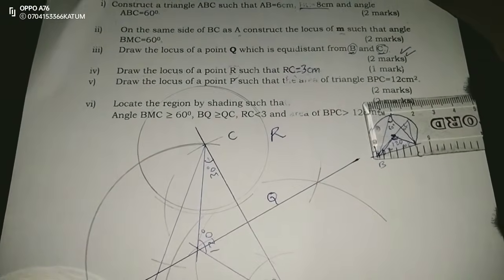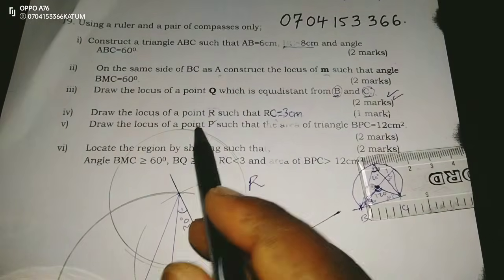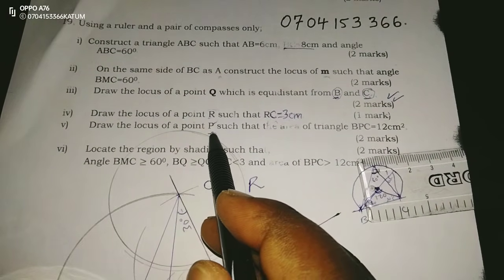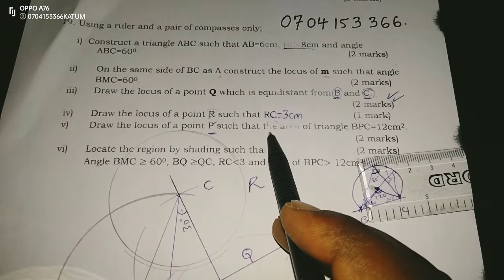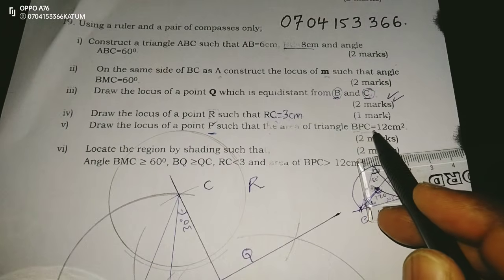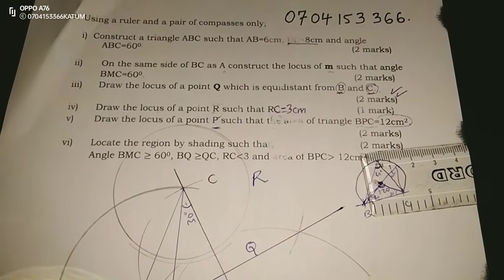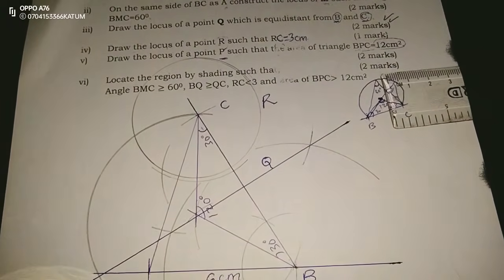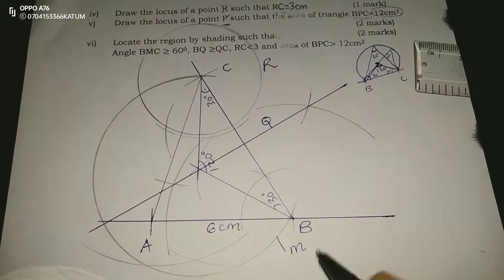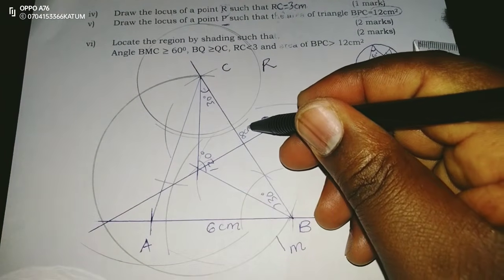The next is going to be draw the locus of a point P such that the area of the triangle BPC equals 12 square centimeters. Remember, BC is already given as 8 centimeters.